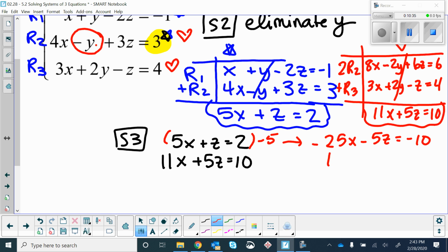I'm going to add that other equation to it. The z's cancel, which is great. What else cancels? The 10. That's a coincidence. Your constant won't always cancel, so don't feel like that was something you should see happen every single time.